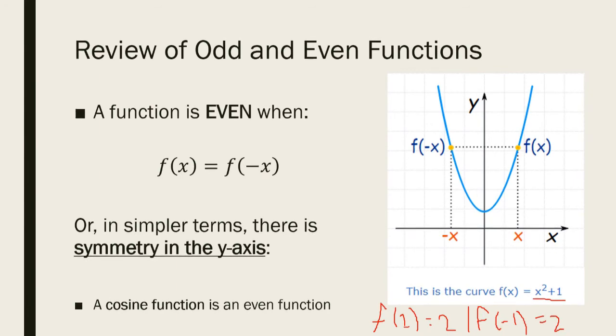There is an easier way to analyze the function. There is symmetry in the y-axis, underlined here. As you can see here, we have the y-axis. Look at the right side of the curve.